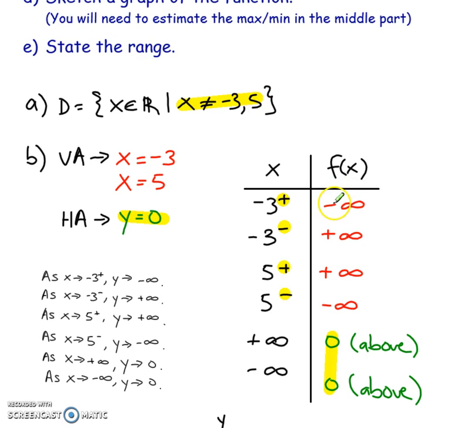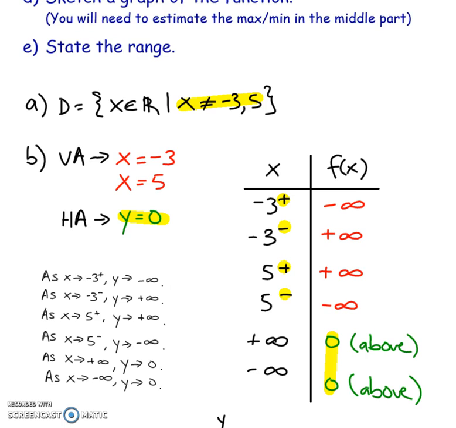So I just put negative infinity, and I did the same for the rest of them, and I got all these answers. I might have chosen -3.1 here, which is a little bit to the left of -3, and then maybe 5.1 for this one and 4.9 for that one. So you're just subbing all those numbers into the original equation and seeing what happens.